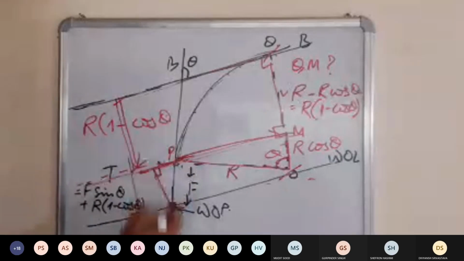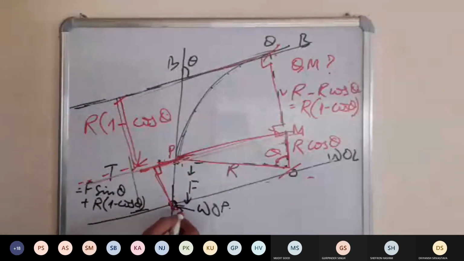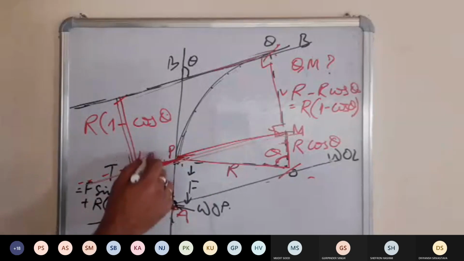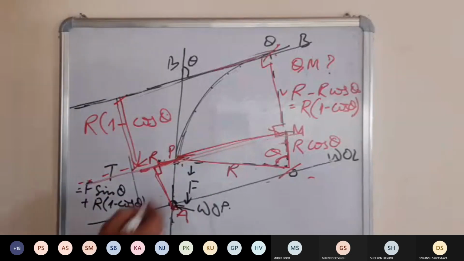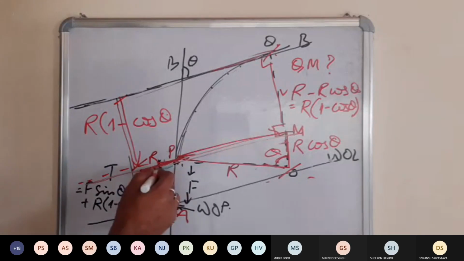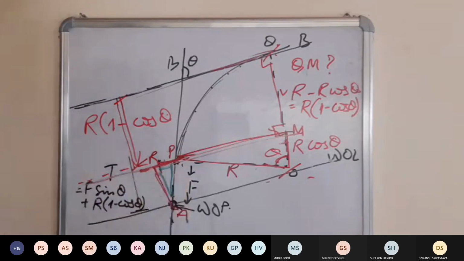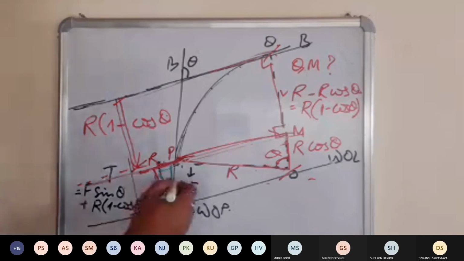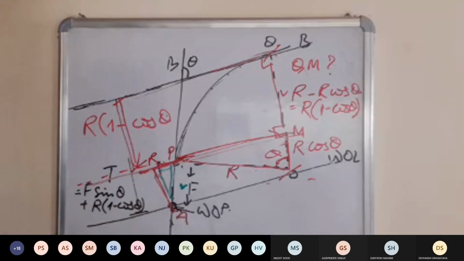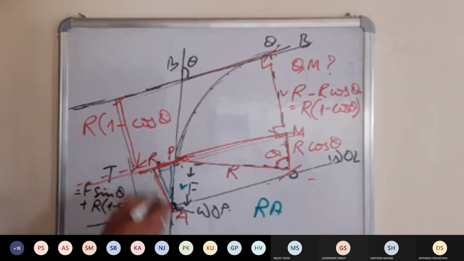P हमारा ये है, ये हमारा point A है. Let us say this is R. So we have another triangle here, which is this. In this triangle, this one we know is F. Then what is RA here?